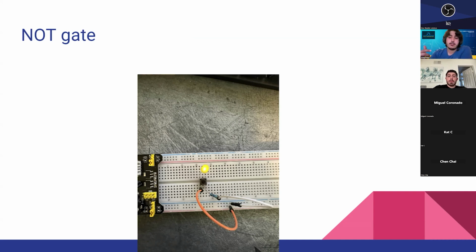But later on, we're going to see what can actually replace this switch, which is really more useful, right? And can actually automate our stuff, right? So it's really important. So any question about the NOT gate? Why it happens, why it works, what is the thinking behind it? Yeah.